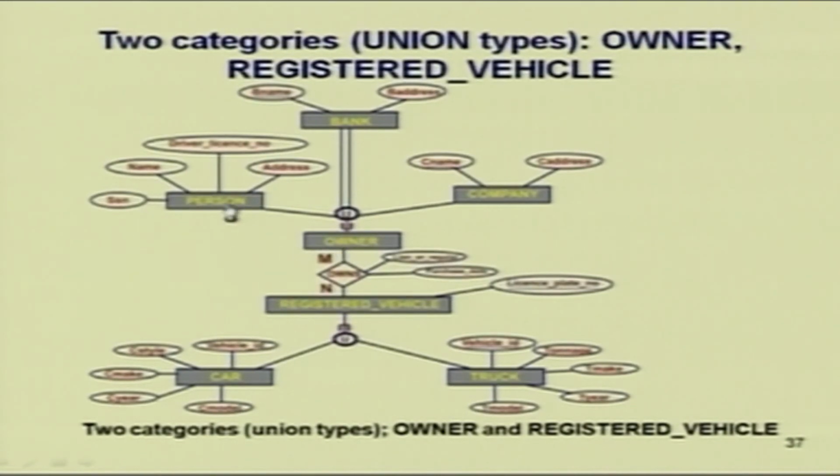Owner can be a person, can be a bank, or can be a company. And this owner of course owns the registered vehicle, and the registered vehicle is a car or a truck. So, you have 2 categories or union types, one is owner and the other is the registered vehicle. Other than that the attributes and special attributes are all similar.